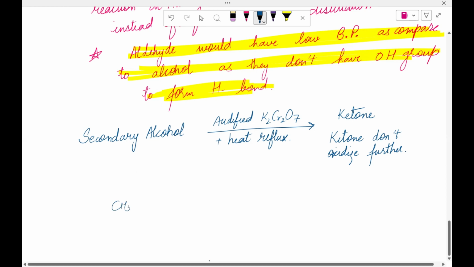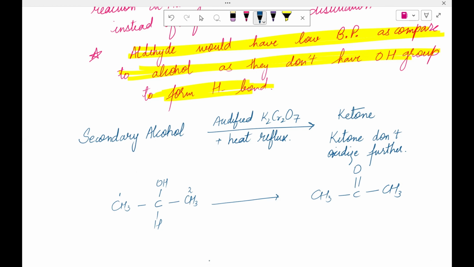Let me give you an example of secondary alcohol. That is basically this one. Which group is attached here? We know that a secondary alcohol would have two alkyl groups. So this is one and this is two. And when they are oxidized, what is going to happen? A ketone is formed like this. Is that clear? Okay, great.